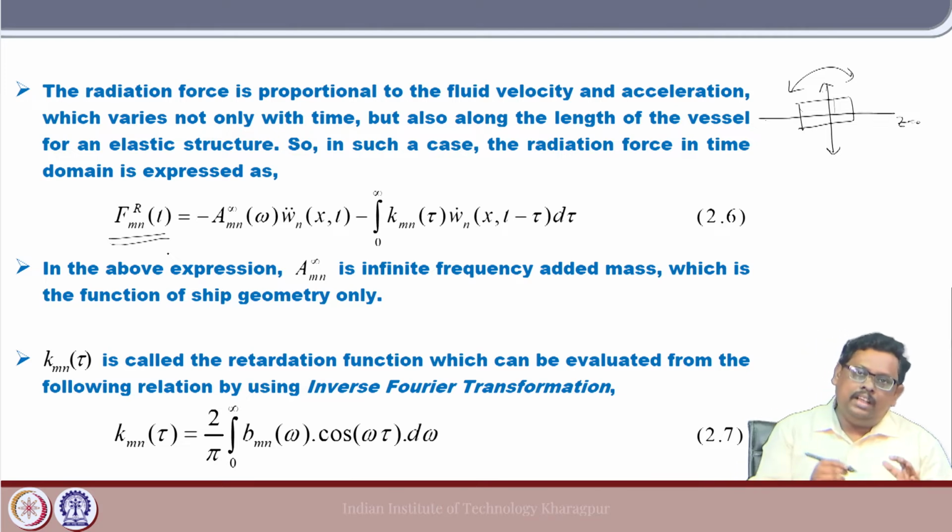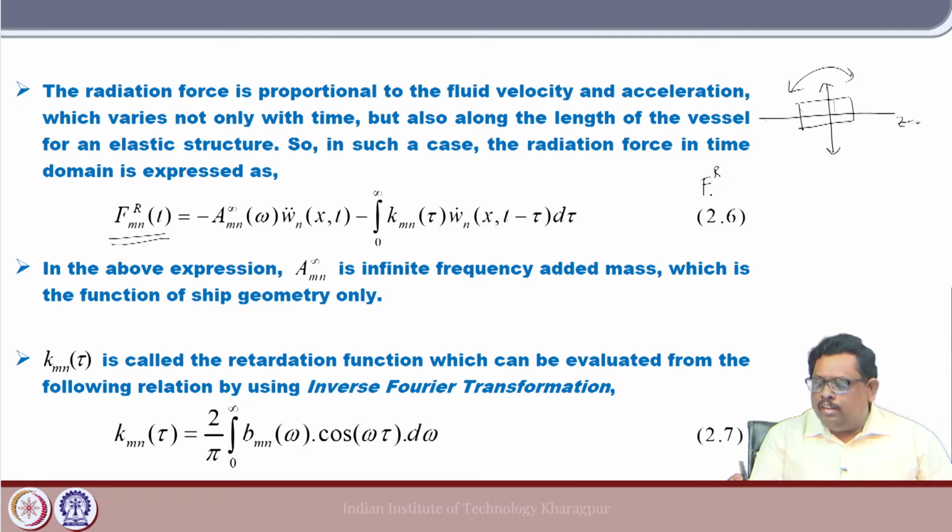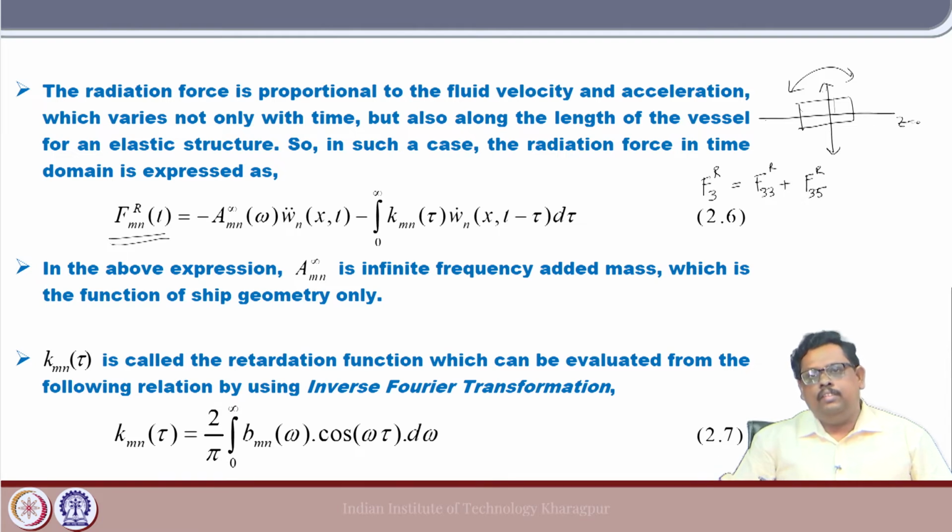Now, if you remember for the strip theory, when we try to figure out the radiation force Fr, let us say in the third mode, then we have to add the radiation force for the third mode when you oscillate the body in the third mode, plus the radiation force in the third mode when I oscillate the body in the fifth mode, right.